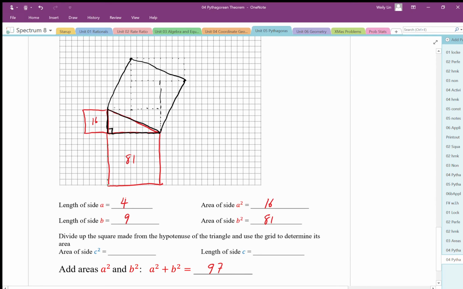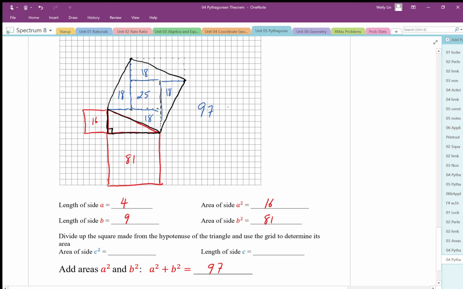4 by 9 divided by 2 is 18, 18, 18, and 18. The square in the middle is going to be a 9 minus 4 square, or a 5 square, or 25. Let's add that all up: 36, 72, plus 25.